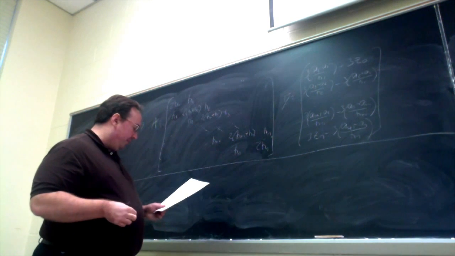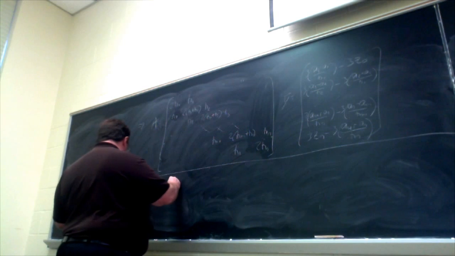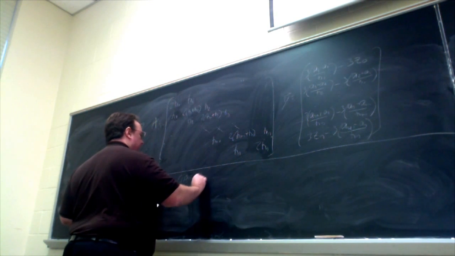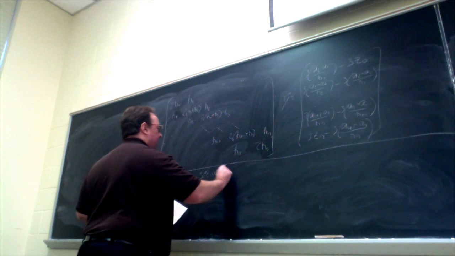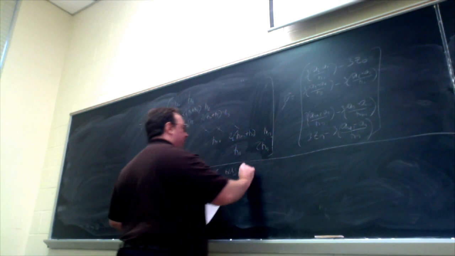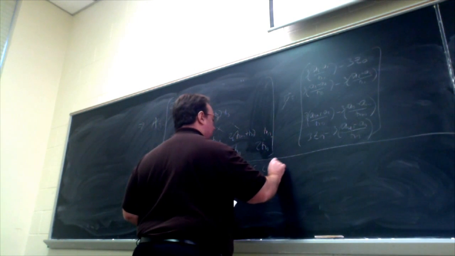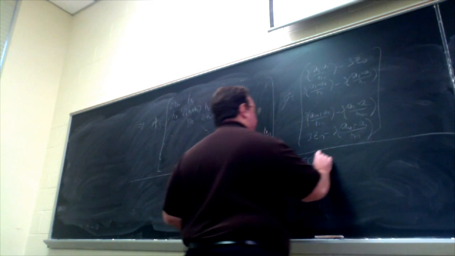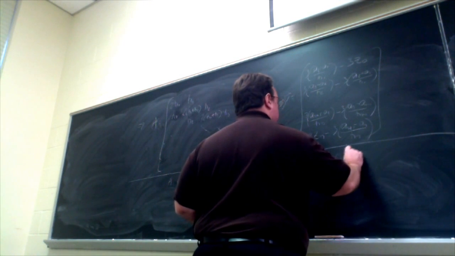So the cubic spline has the least average curvature possible.